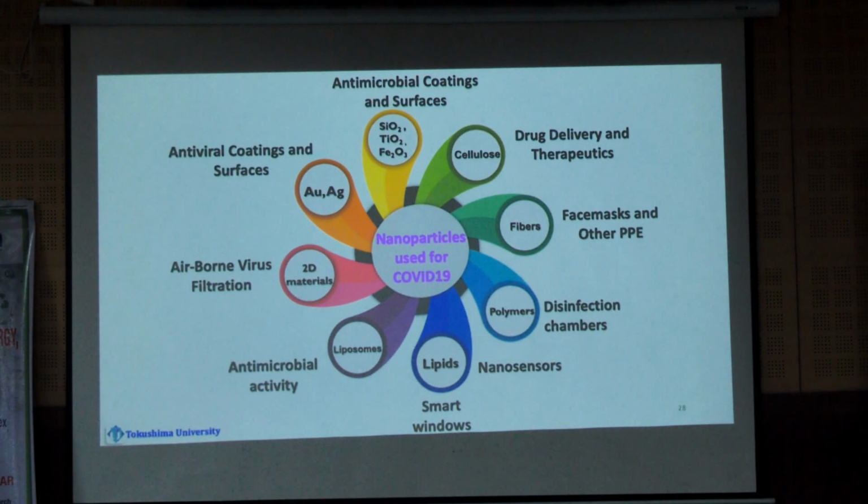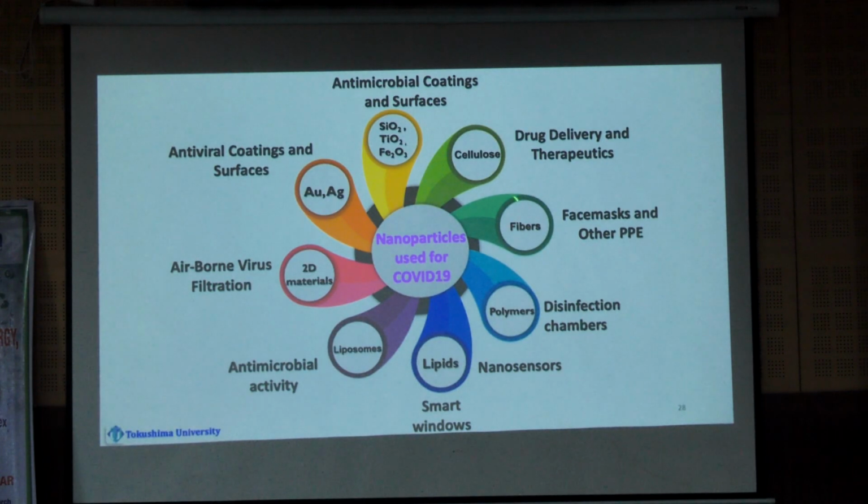This is one of the examples where nanoparticles were used on several occasions during the corona. So what is this? You can see it was not only making medicine or kit infection, but everywhere different types of nanomaterial were used. Why were different types of nanomaterial used? Whether it was only oxide material, only metal nanoparticle, or cellulose, or fiber, or polymer, or lipids, or some kind of two-dimensional material, or liposomes.